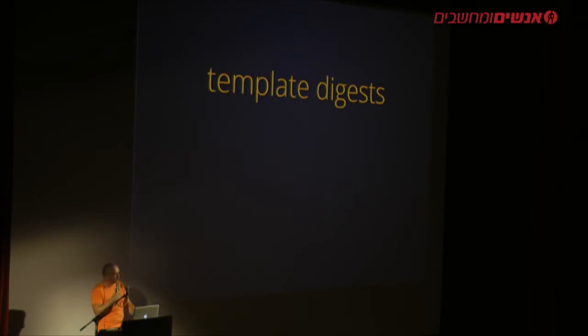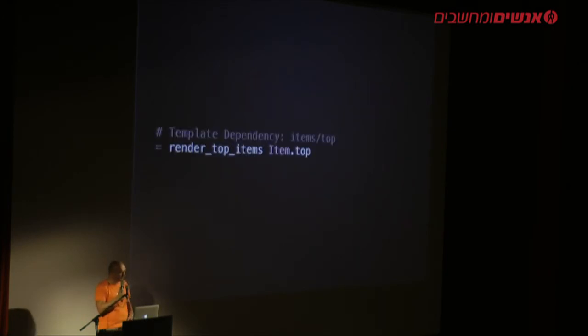And this template digest is automatically appended to cache keys when you use cache from inside of a template. Now, there might be a problem sometimes when Rails cannot understand template dependencies. For example, if you're rendering something from inside of a helper, Rails cannot know about the dependency.